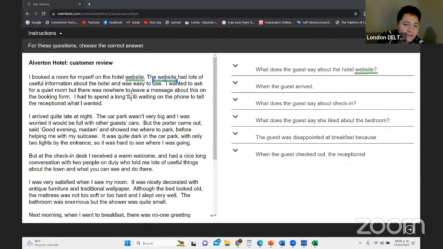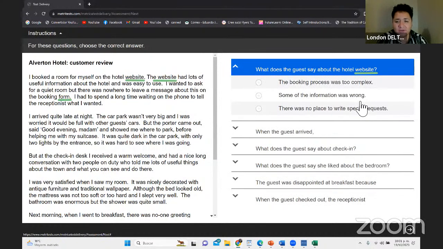Where else? You're talking about forms that are from the website. Now that you know the key information, we read the answers. It says, what does the guest say about the hotel website?